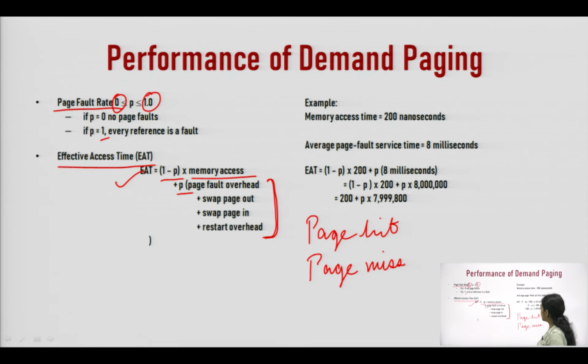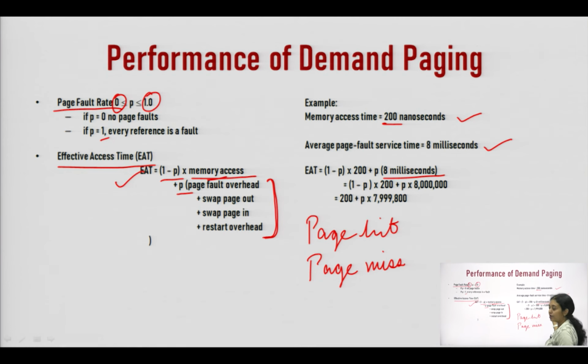Now, just quickly we will go through an example. Let us say we have a memory access time of 200 nanoseconds, and average page fault service time is 8 milliseconds. Then we can easily calculate effective access time: (1 minus P) times 200, where 200 is the memory access time, plus P times 8 milliseconds, the average page fault service time.